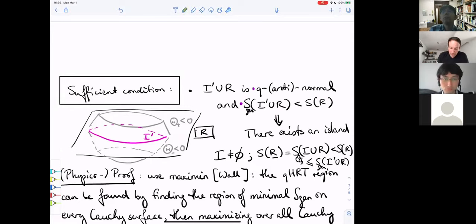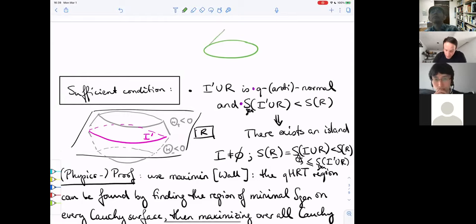By normal and anti-normal, I just mean the following. If you have a sphere in Minkowski space, that is a normal surface in the sense that it's nowhere trapped or anti-trapped. It is normal in the sense that its ingoing light rays, orthogonal to the surface, have cross-sectional area that decreases, so negative expansion, and the outgoing light rays have cross-sectional area that increases, so that has positive expansion.